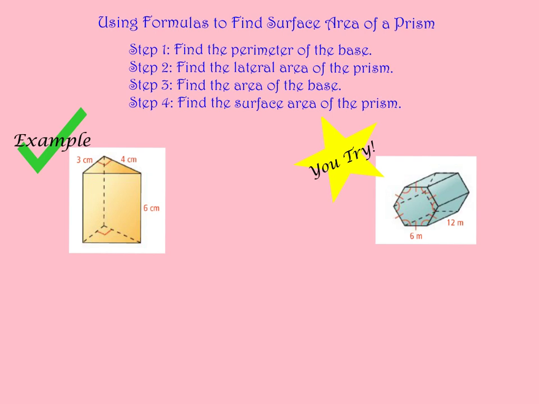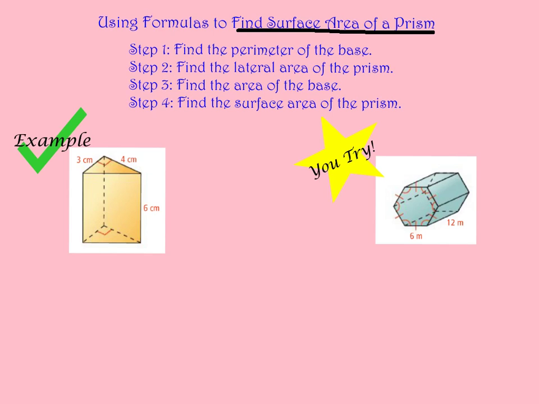All right, so for the 2 problems below, our directions are to use formulas to find the surface area of a prism. All right, and we have these steps listed out for you. So it's great to write these steps down, so anytime you're asked to find the surface area, you can just use these steps.